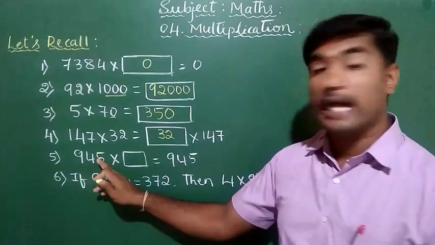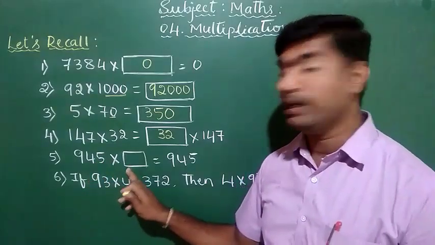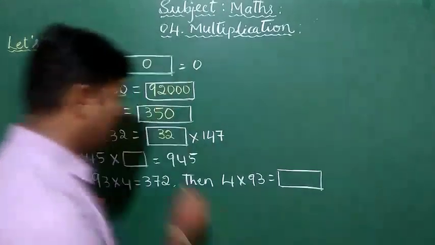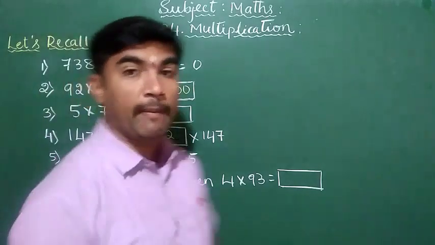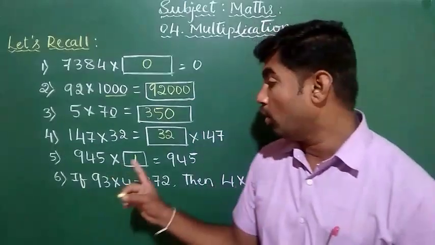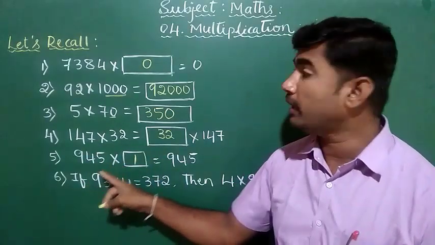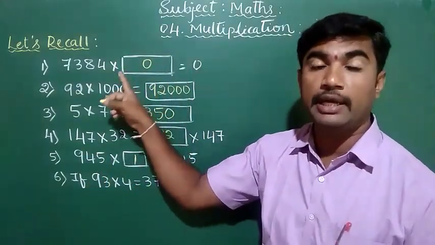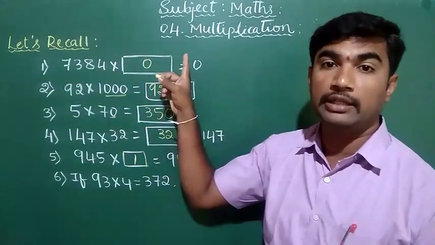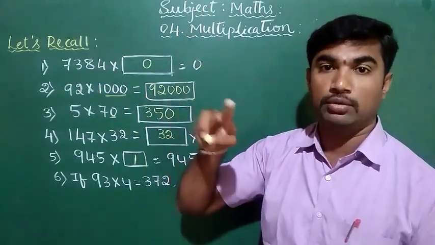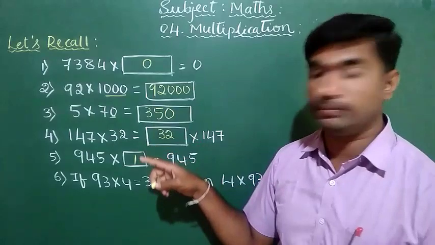Like that, here 945 into 1 equal to 945. But in the first question, when we multiply any number with 0, we get the product as 0. So this is the difference.